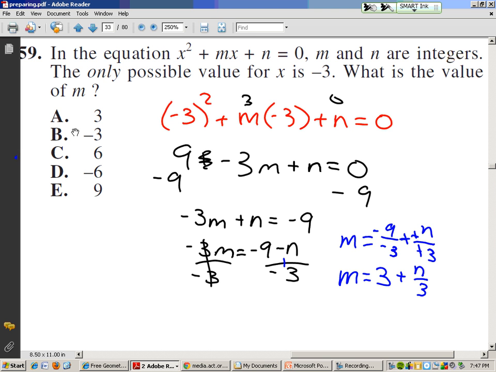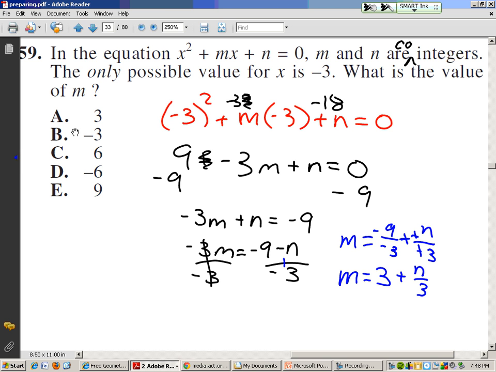So A works. Let's try it with a negative 3. If I put a negative 3 here, instead of a positive, why did I do that? There you go. If I put a negative 3, so this is going to be 9 plus 9, so that's 18, right? Well, now if I just make n a negative 18, it works again, right? 18 minus 18 is 0. So I think that they should have put something like this.